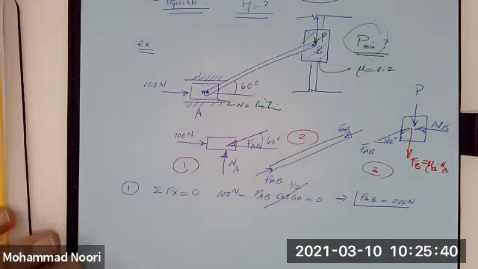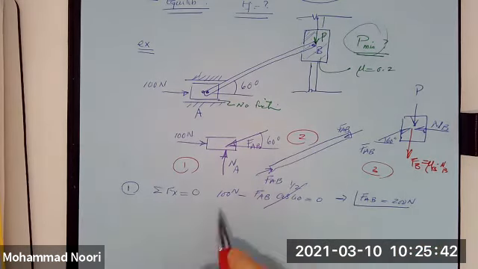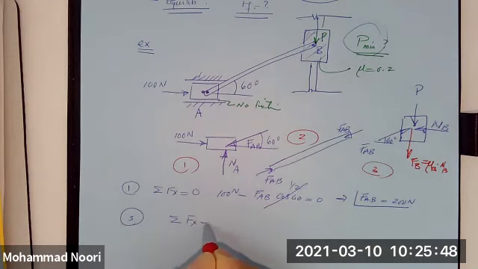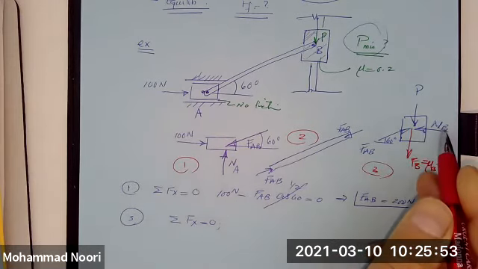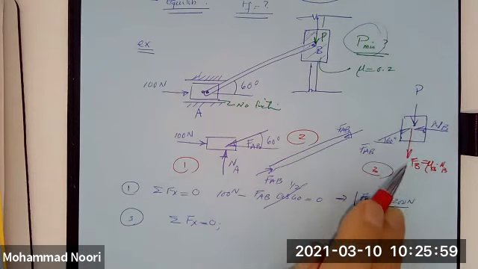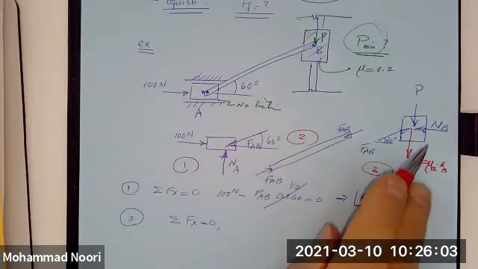Okay. All right. So now I use free body diagram 3. If I write summation of forces along X equal to 0, I can find this reaction force. I need that to find F of B, right? Because you have 1, 2, 3 unknowns here, but this is not an independent unknown. It's related to that.